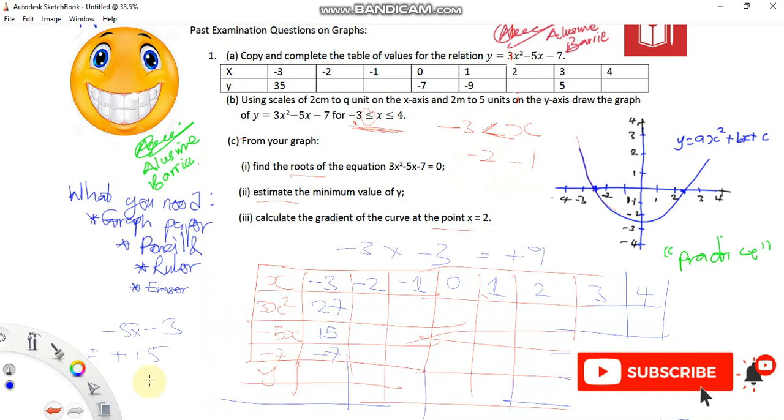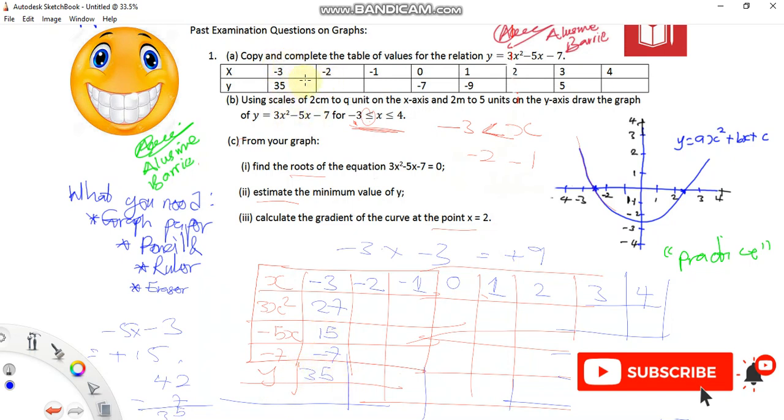So 42 minus 7. 2 minus 7 we cannot, so we borrow 1 from here. 12 minus 7 is 5, and then it remains 3 here. So we just put the 3. So this is why the first column is 35, just as they have in the question.